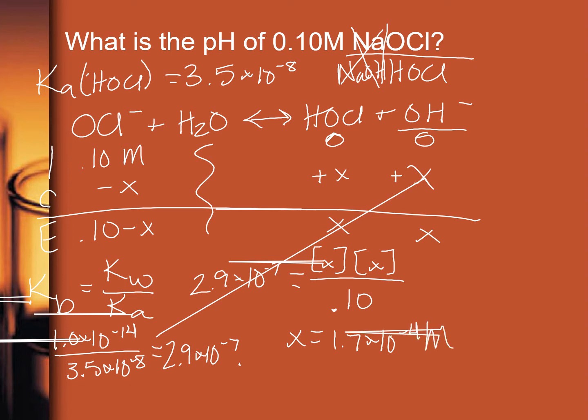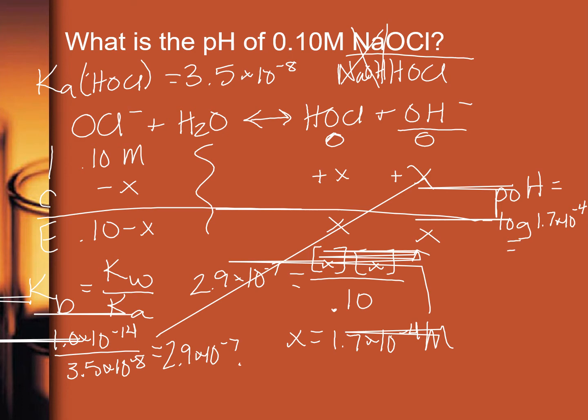Now this is the value of our OH. Ooh, sorry, my board's going crazy, y'all. So that's going to be the value of our hydroxide. Since we know hydroxide, we can find pOH. So pOH is going to be negative log of 1.7 times 10 to the negative 4th.